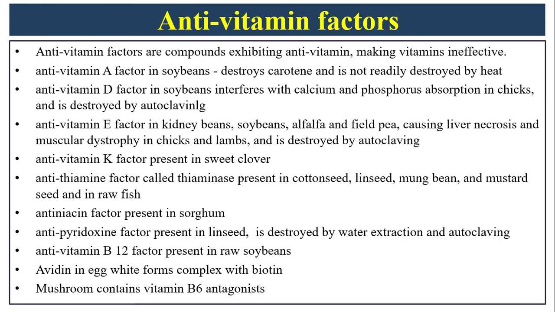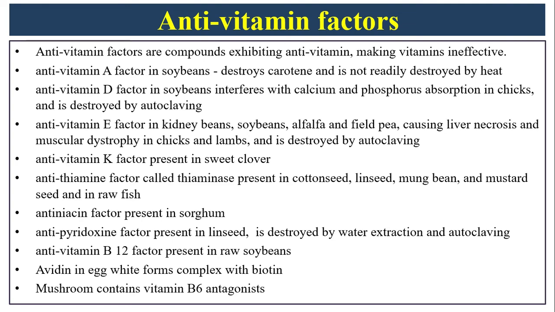Antivitamin factors. Antivitamin factors are compounds that make vitamins ineffective. Antivitamin A factor in soybeans destroys carotene and is not readily destroyed by heat. Anti-vitamin D factors in soybean interfere with calcium and phosphorus absorption in chicks and are destroyed by autoclaving.